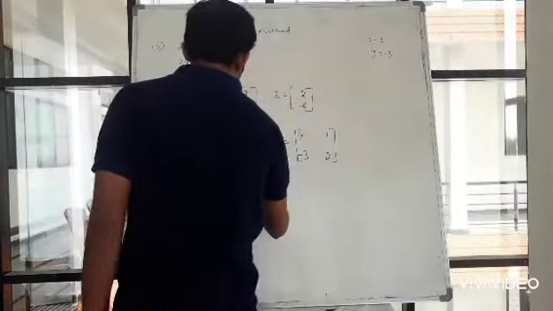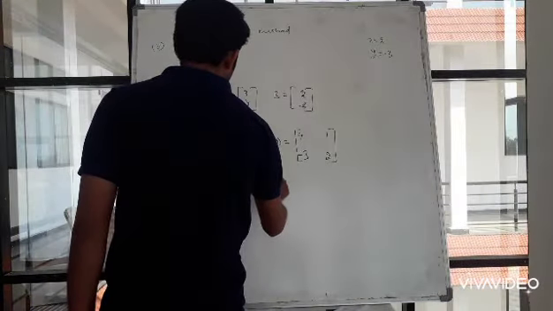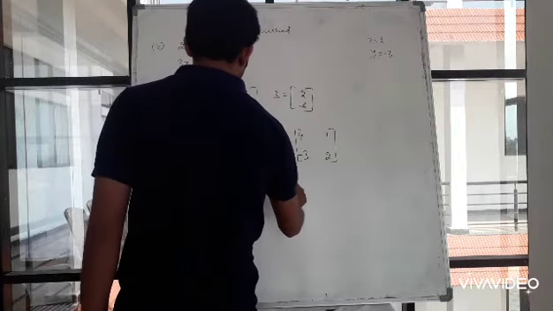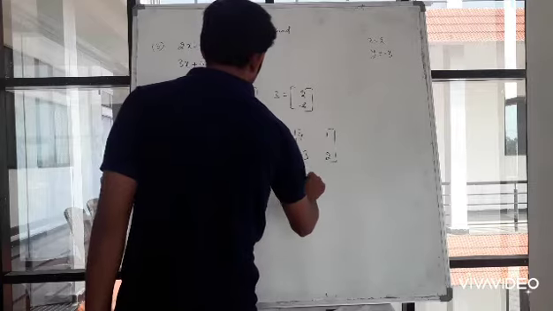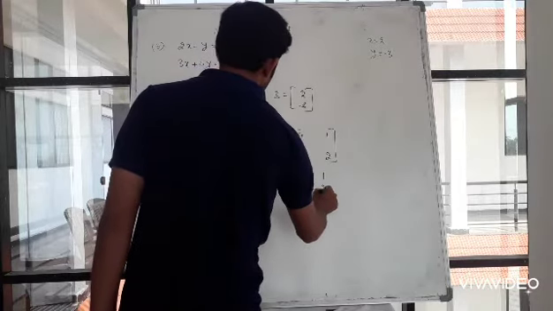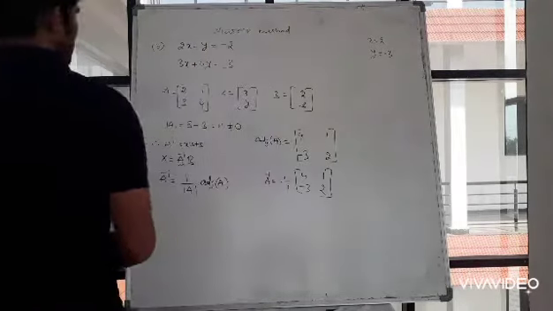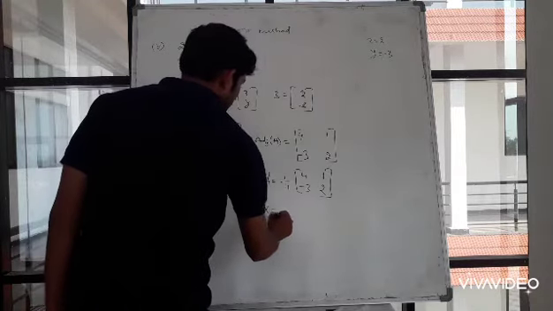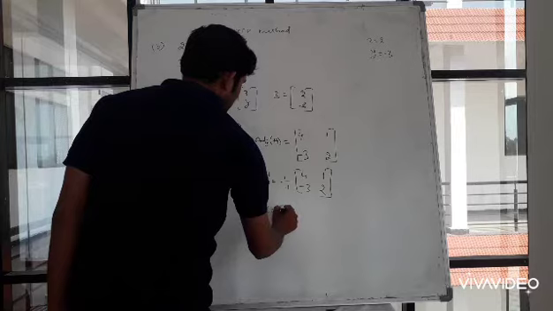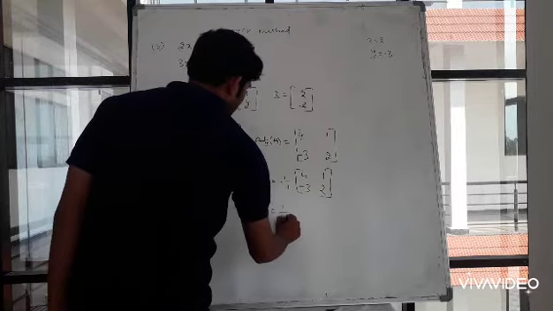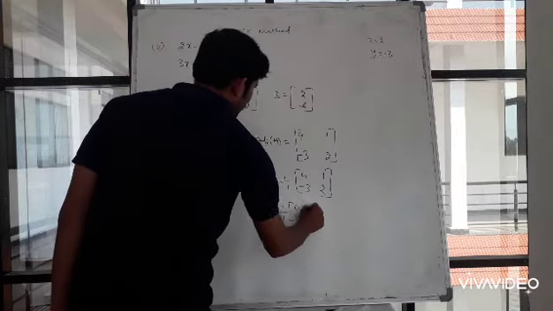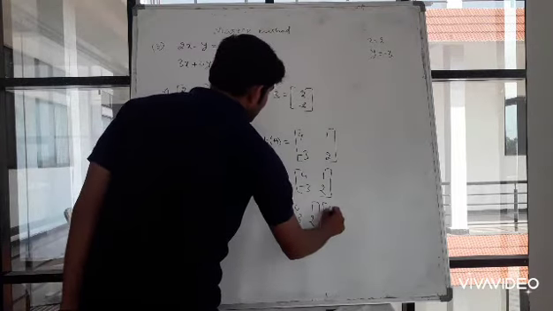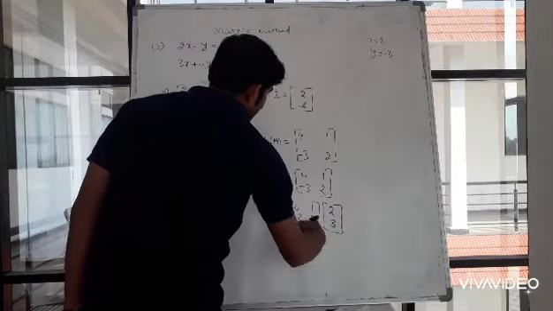Then therefore A inverse is equal to 1 divided by 11 into 4, 1, minus 3, 2. Next, x is equal to A inverse into B. A inverse is 1 by 11 into 4, 1, minus 3, 2, into B is 2, 3.